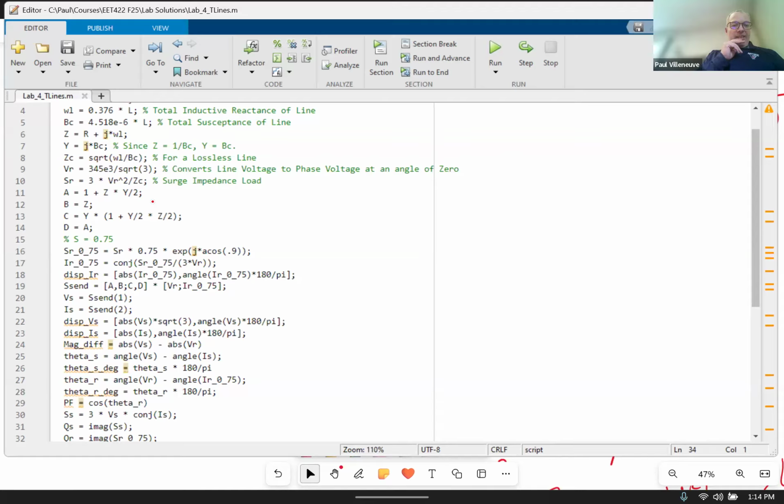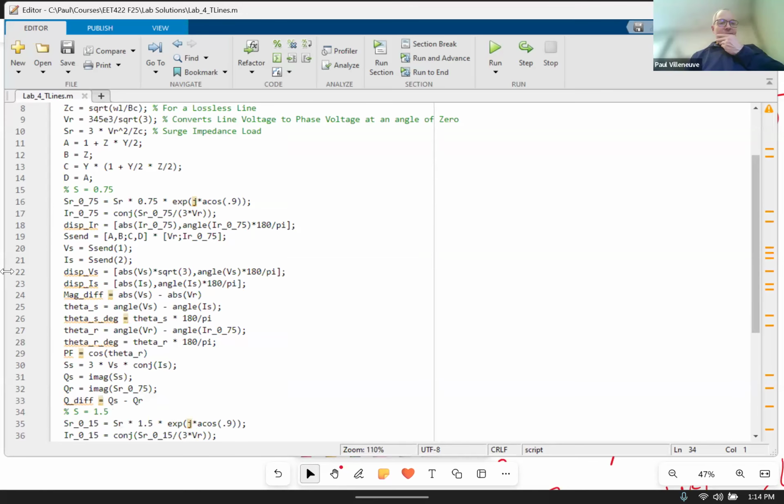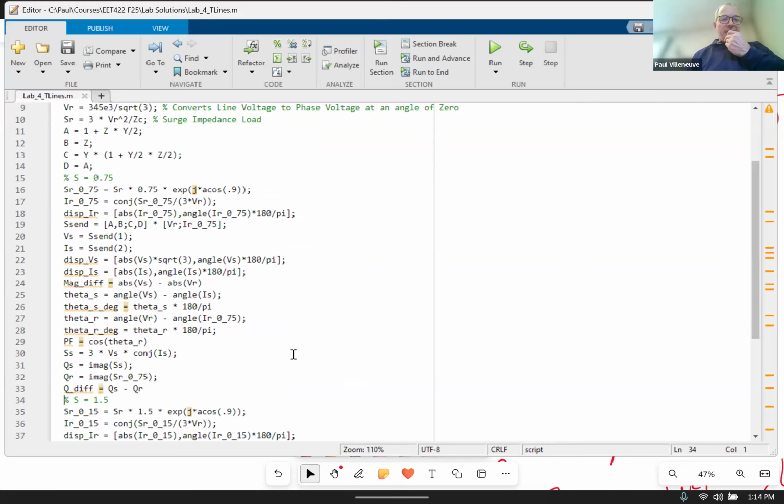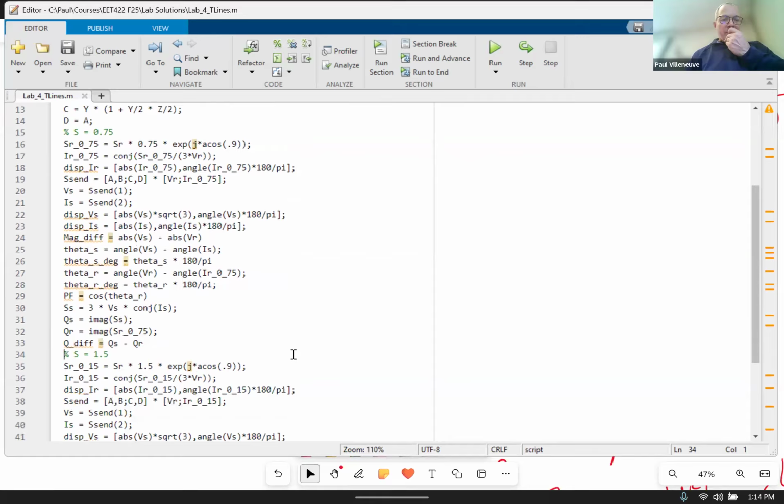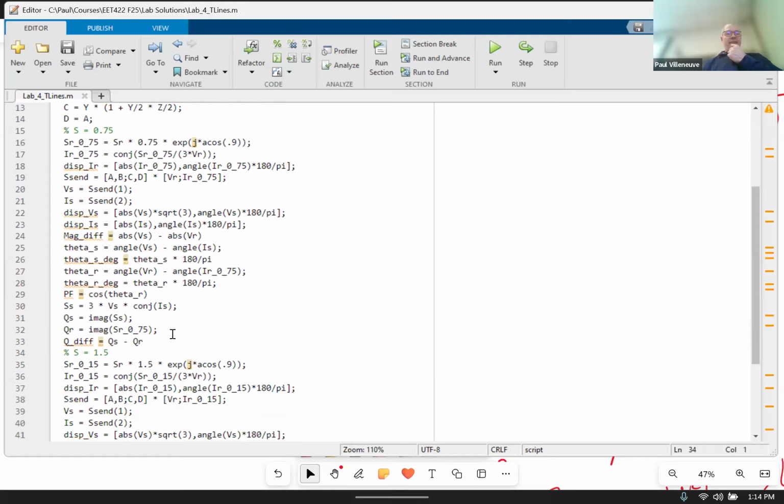Now, display VS, IS. Oh, I don't know why that popped up. I didn't reassign VS. I'm not sure because the receiving end power should be greater because a line is being supported by it, unless I didn't do this correctly.